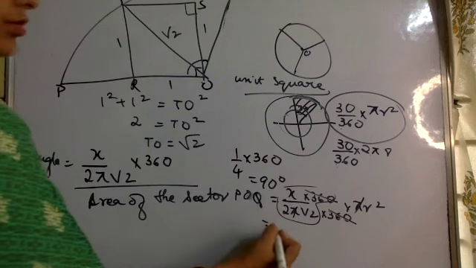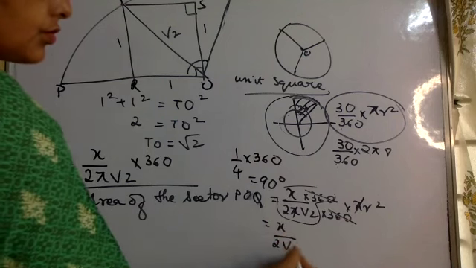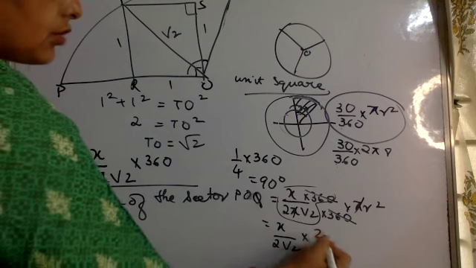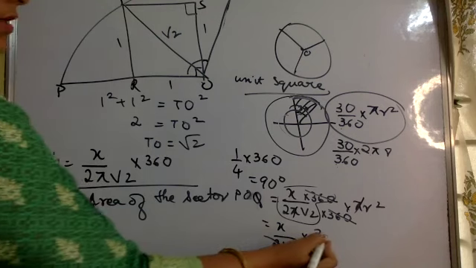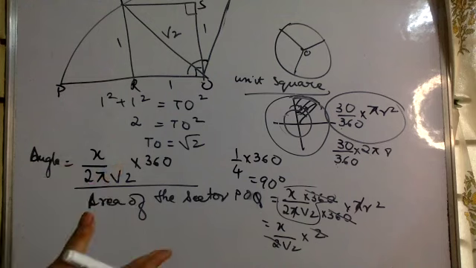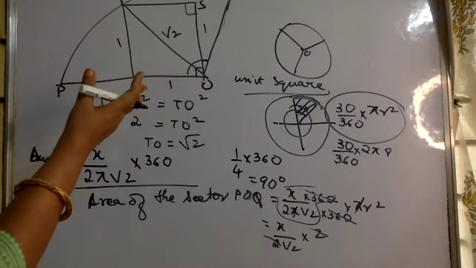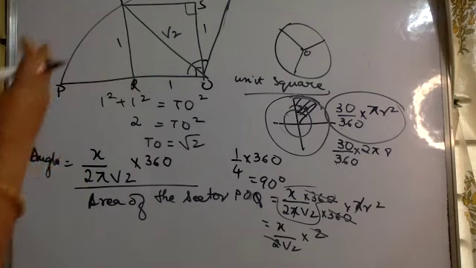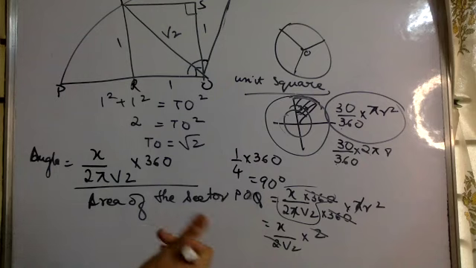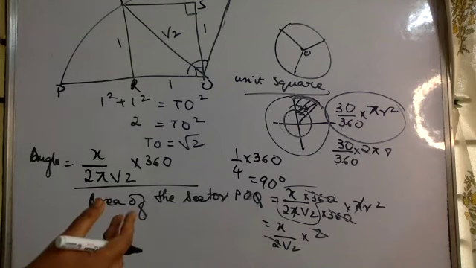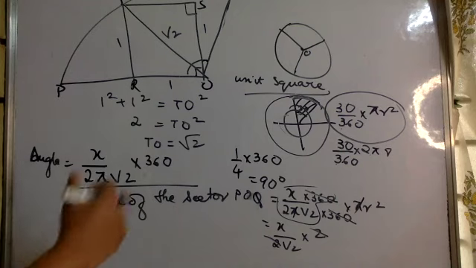So here it is 2 root 2 and then it is 2, so this also gets cancelled. So all I need for sufficient information in order to find the area of this sector is the value of x, that is the length of the arc PQ. Okay, so this is how we can solve this question.